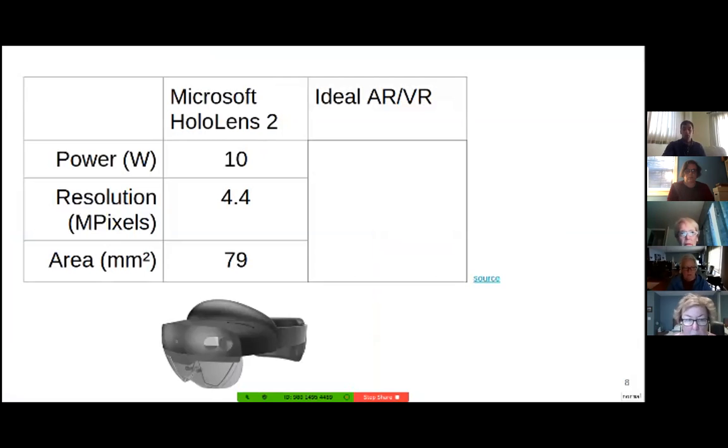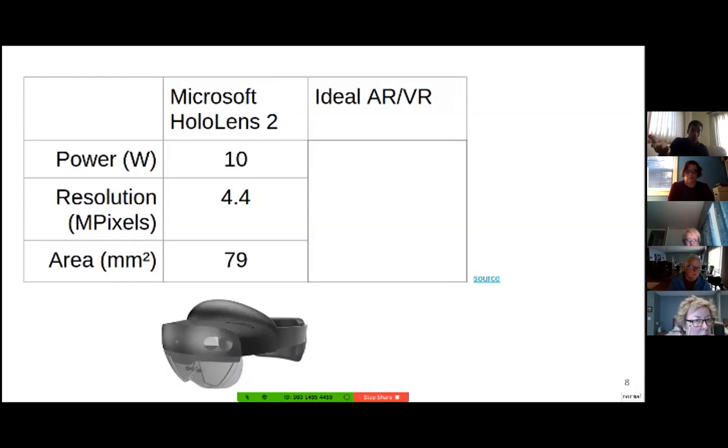So there are commercially available virtual reality systems, but they have constraints that make them not as useful as we'd like. For one, a lot of them have to be tethered to a power source and to a computer, and they're not powerful enough to use in the applications that we'd like. So this is an example, a Microsoft HoloLens that you can buy today.